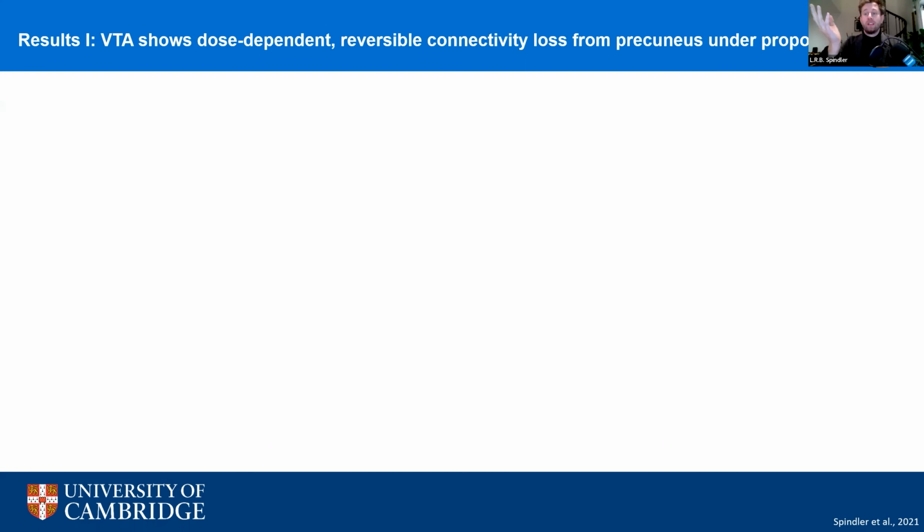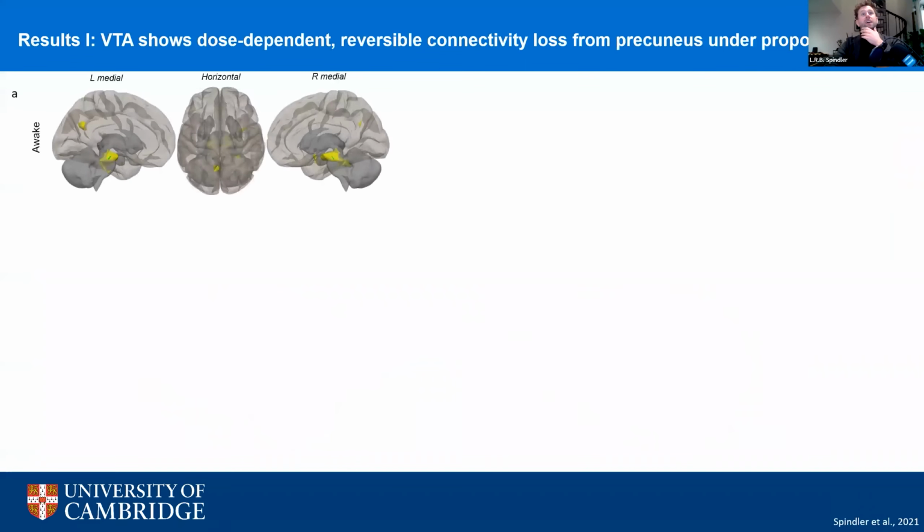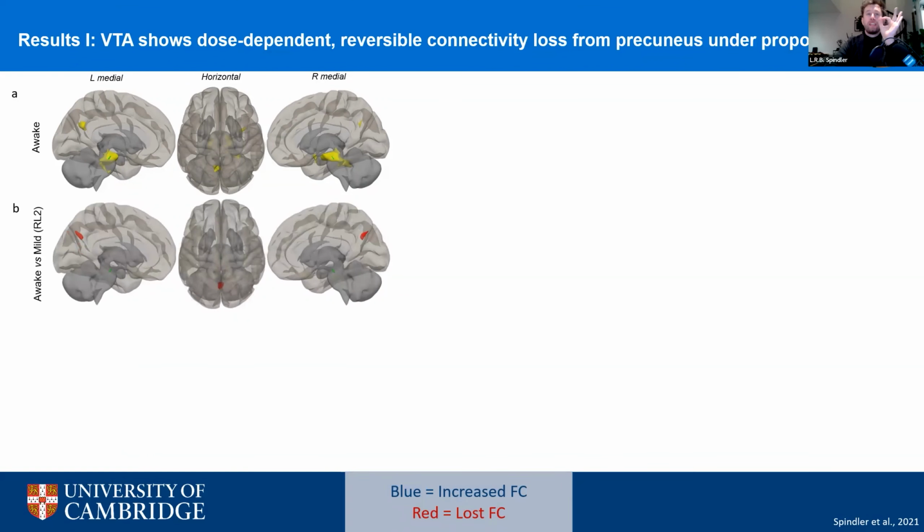In order to figure out whether there is this, we started in the cohort that was being put through propofol sedation. We first looked in control conditions and saw that the ventral tegmental area was strongly connected to the precuneus and posterior cingulate cortex while people were still awake. Already at mild sedation, we found a significant disconnection from exactly that posterior cortical region, which is a main node of the default mode network.